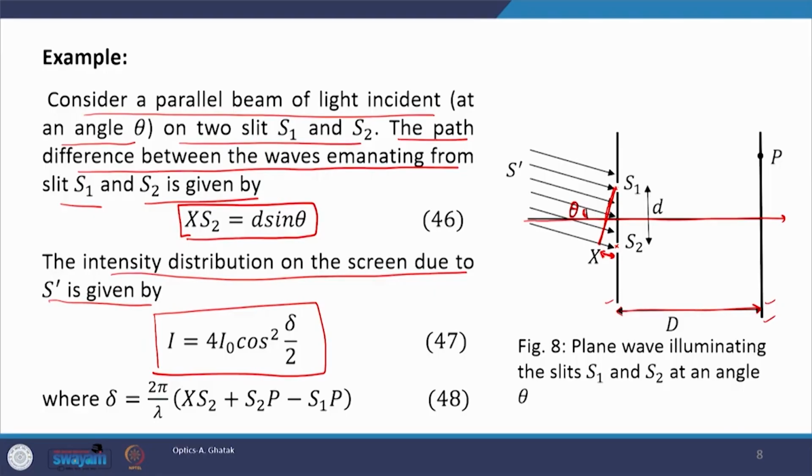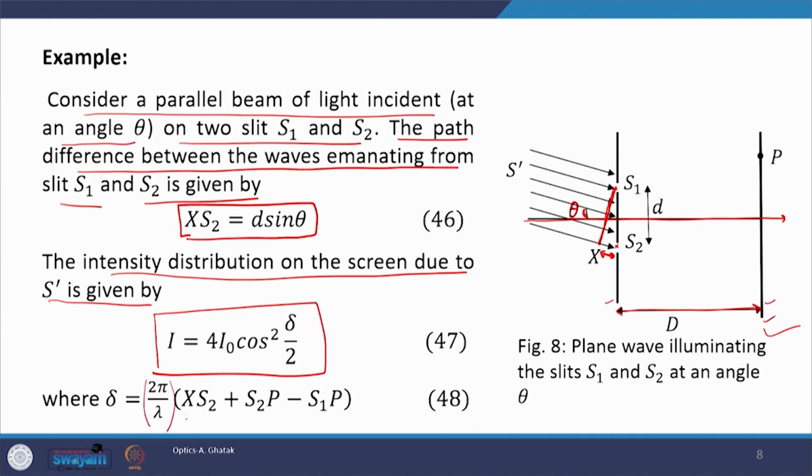Now, how to calculate del? To calculate the phase difference, we have to find the path difference through this schematic diagram. Once the path difference is known, just multiply it with k. What is k? k is nothing but 2 pi by lambda.